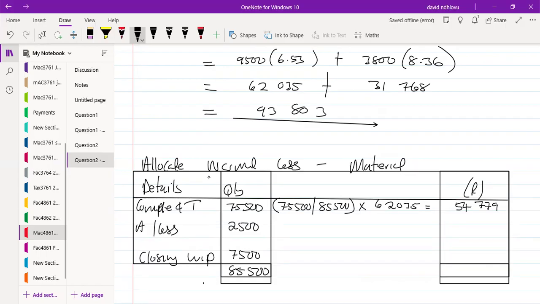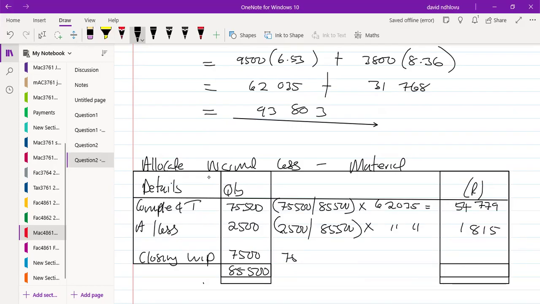Then 2,500 divided by 85,500, multiplied by the same amount. That will give us a value of 1,815.